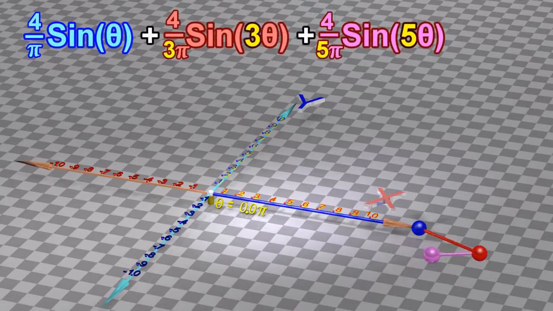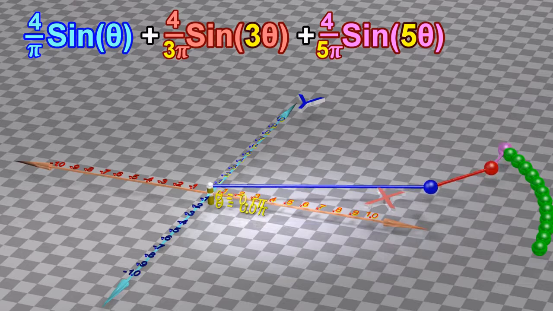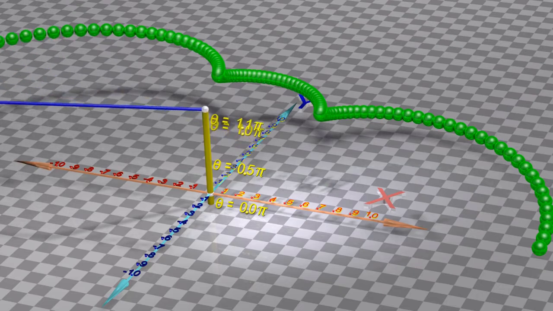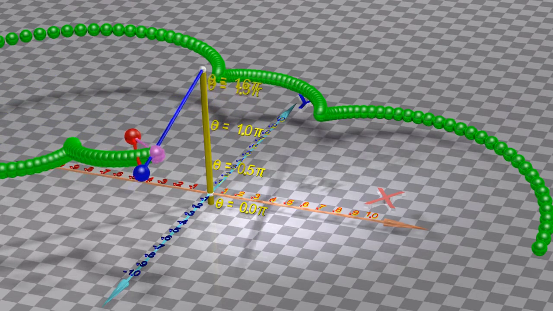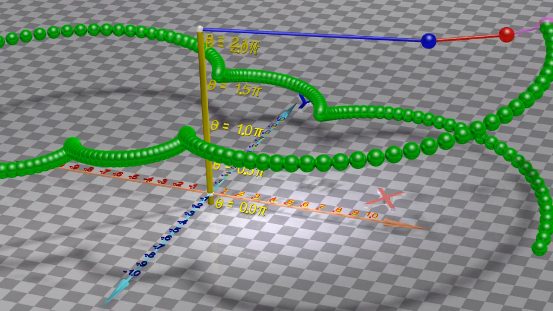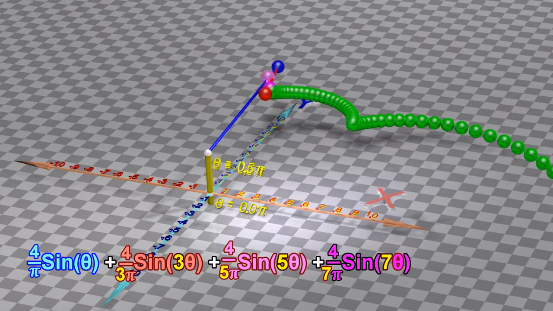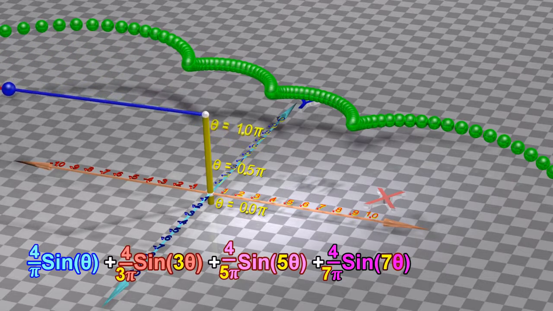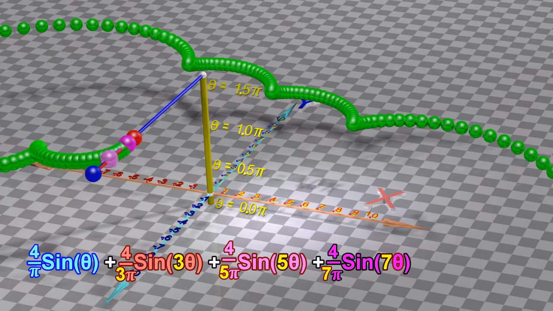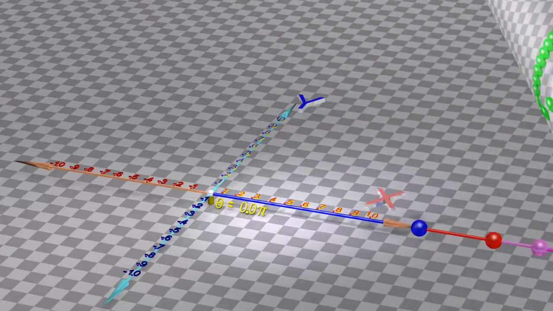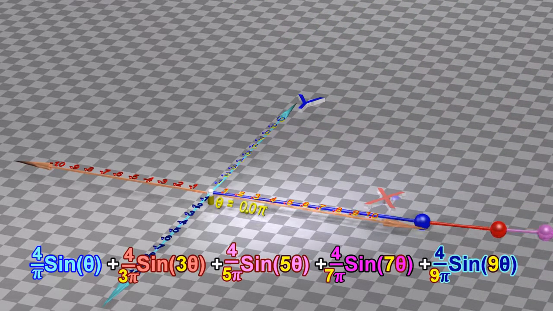We can add together three sine waves. We can add together four sine waves. We can add together five sine waves.